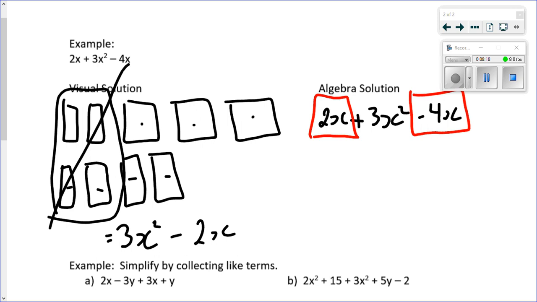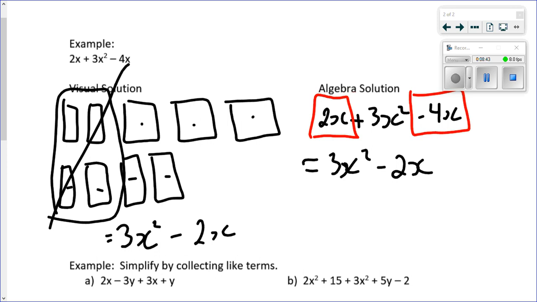Notice that when I drew my box around it, that subtract 4, I'm including the subtraction sign with the 4, making it a -4. So when I put them together, 2x minus 4x, in other words, 2 minus 4, gives me -2x.